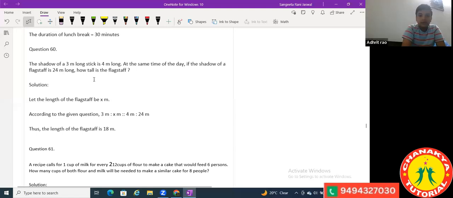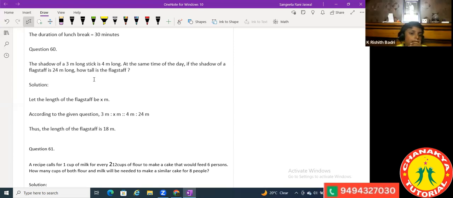The shadow of a 3-meter long stick is 4 meters long. At the same time of the day, if the shadow of a flagstaff is 24 meters long, how tall is the flagstaff?